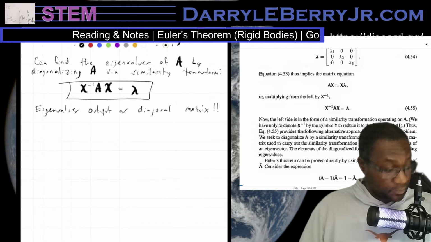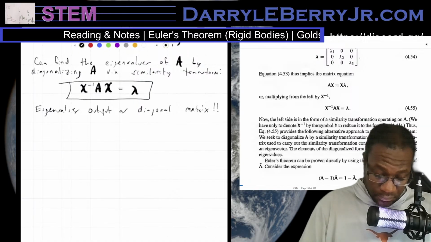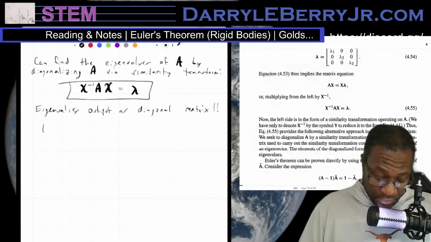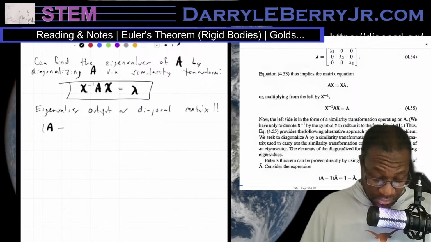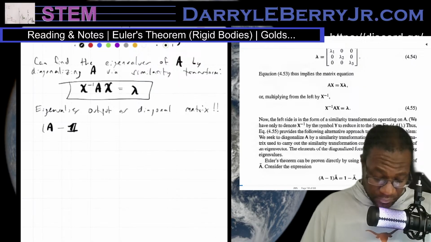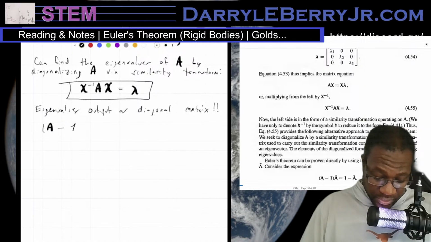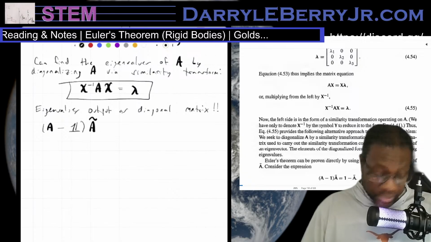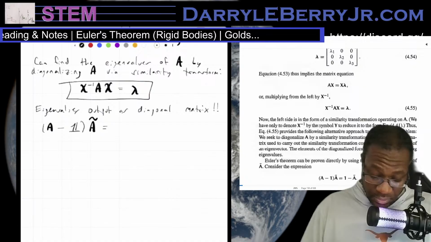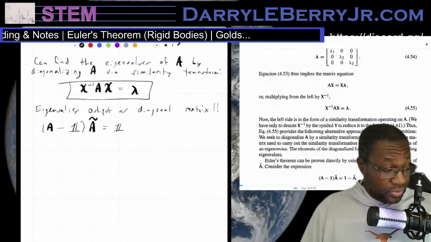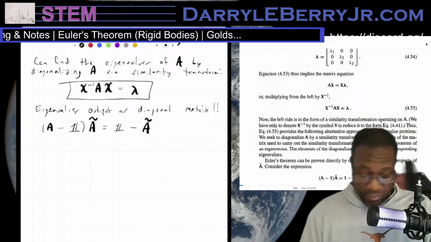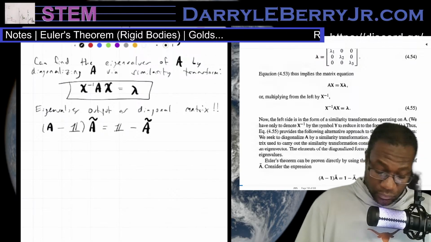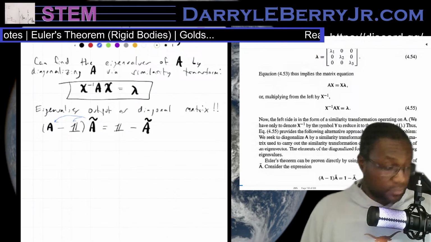Consider the expression A minus identity matrix, A transpose equals identity matrix minus A transpose. Makes sense. Just distributing this.